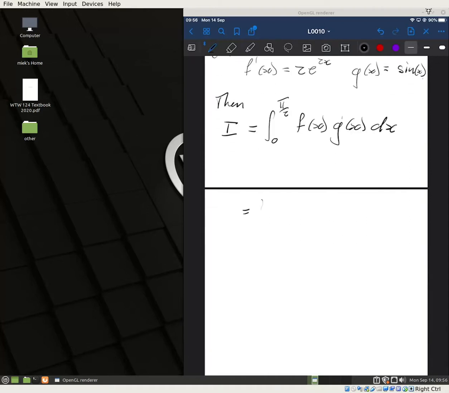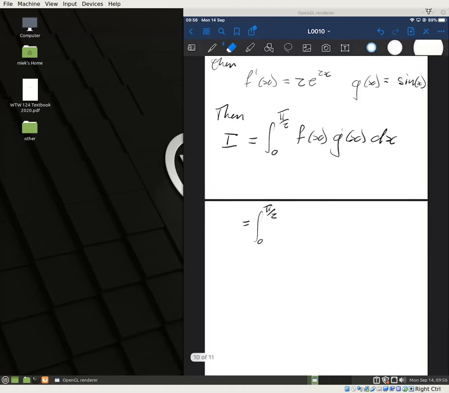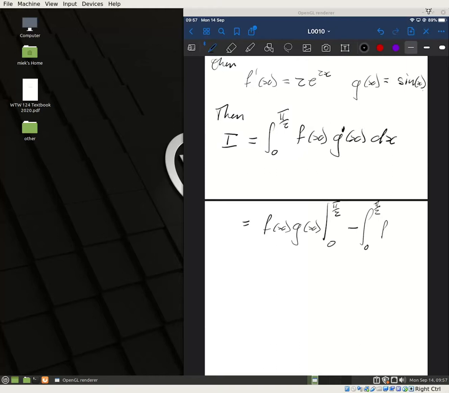That is the same as f of x, g of x, evaluated between 0 and pi over 2, minus the integral from 0 to pi over 2 of now f prime of x, g of x dx.